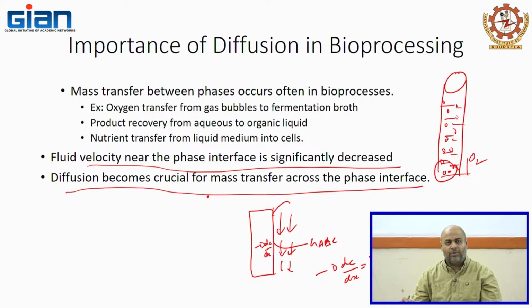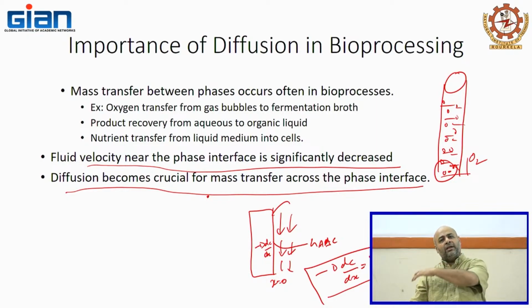At the surface, what is the boundary condition? At x equal to 0, minus D dC by dx is equal to h_m delta C. That is what your boundary condition is. Now, coming back to your bioreactor with the same concept, what would be the boundary condition at the surface of the gas bubble?